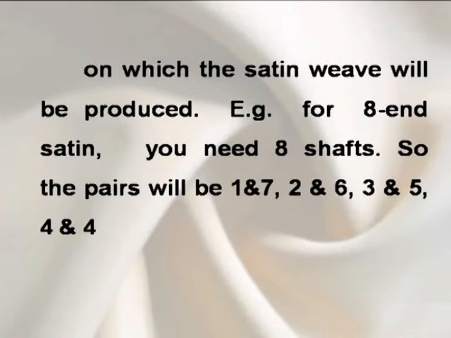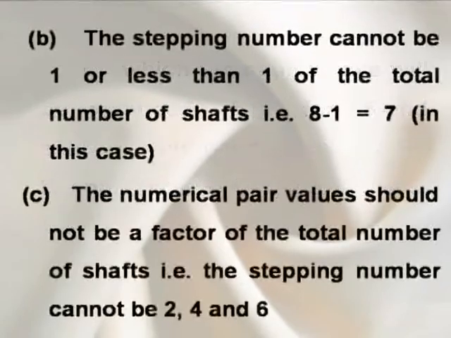For example, for 8-end sateen, you need 8 shafts, so the pairs will be 1 and 7, 2 and 6, 3 and 5, 4 and 4.